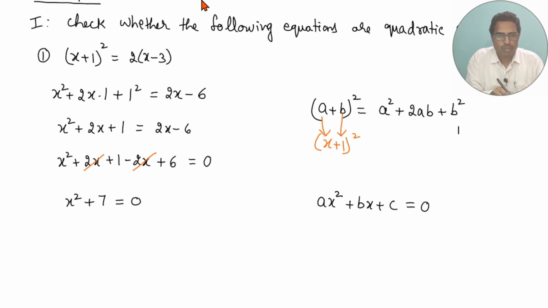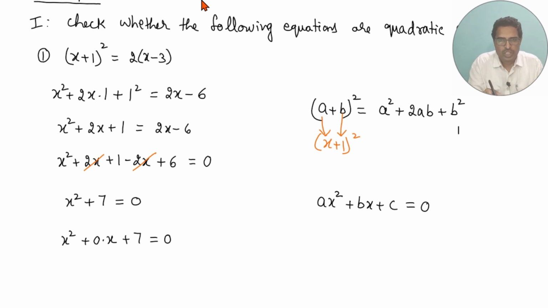Here the first term is x square. The coefficient of this x square in this case is just 1, plus you don't have x over here, so can I write it as 0 times x just to get it in the standard form? 0 into x will be 0 itself, because x is not there, therefore I am writing 0 times x plus this 7 as it is equal to 0.